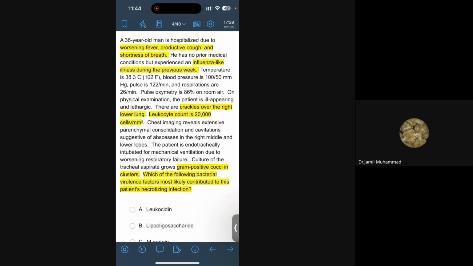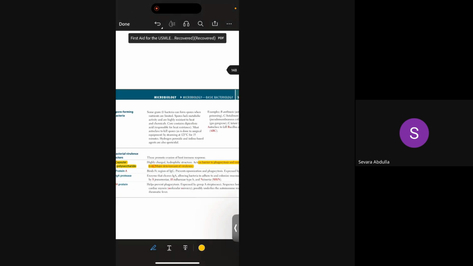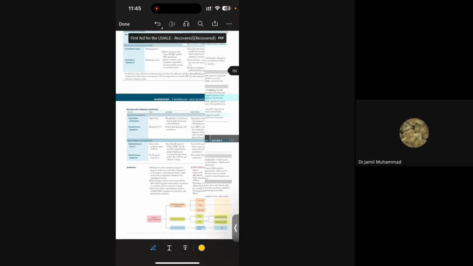The patient has a history of influenza-like illness during the previous week, and after that he got a superinfection due to some other bacteria leading to pneumonia. Staph aureus. What are the others? Streptococcus pneumoniae. Yes, Streptococcus pneumoniae, Haemophilus influenzae, Staph aureus.